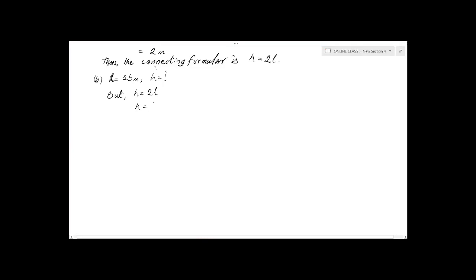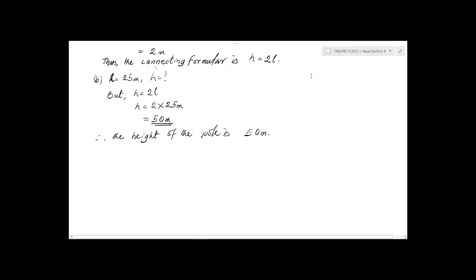Therefore, H equals 2 times 25 meters, which is equal to 50 meters. Therefore, the height of the pole is 50 meters.